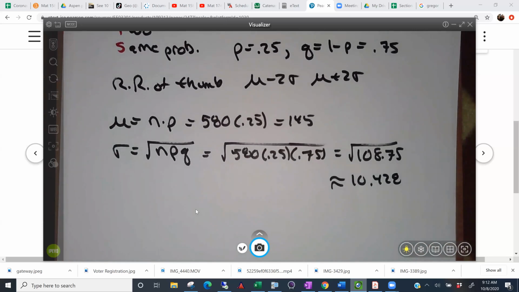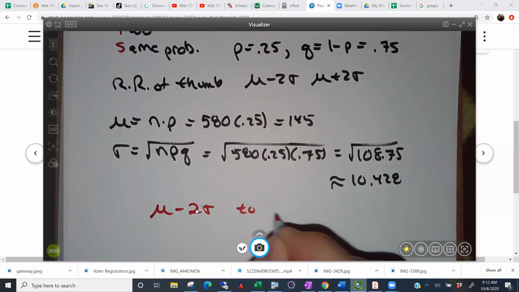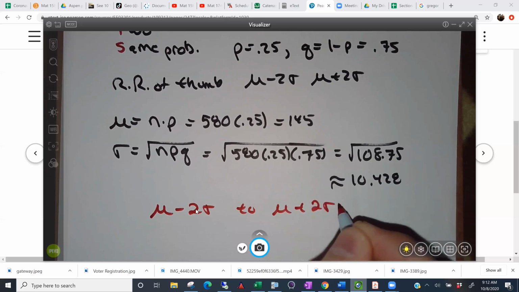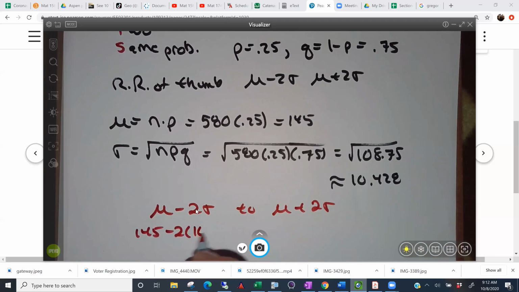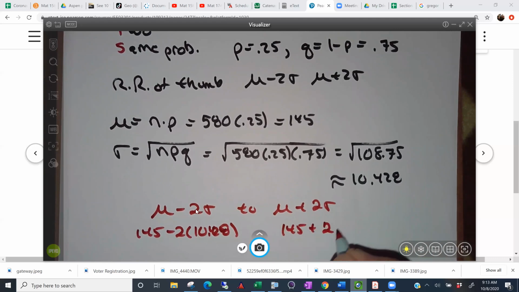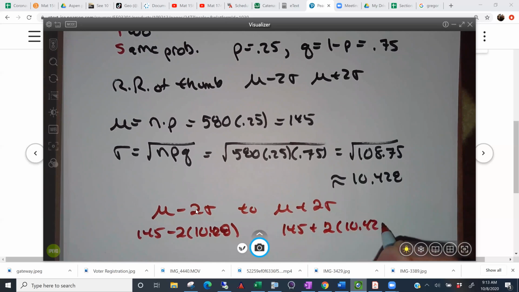Perfect. So now we're in shape to calculate the range rule of thumb. I want to find mu minus 2 sigma to mu plus 2 sigma. So 145 minus 2 times 10.428 to 145 plus 2 times 10.428.